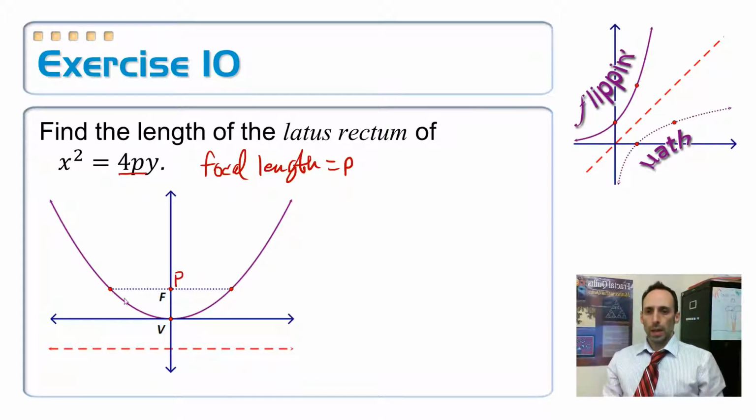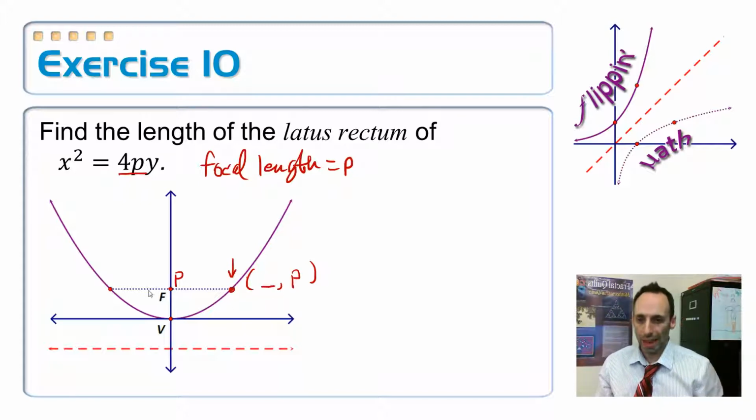Okay, so far? Since this is a horizontal line, it's parallel to the directrix. The latus rectum is horizontal because it's parallel to this horizontal directrix. Every single y-coordinate on there must be the same, right? So whenever I write the coordinates for this point, its coordinate has to be something, comma, p, because everything on that latus rectum has a y-coordinate of p.